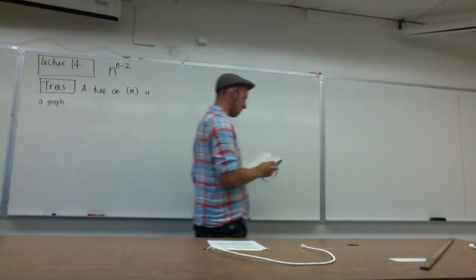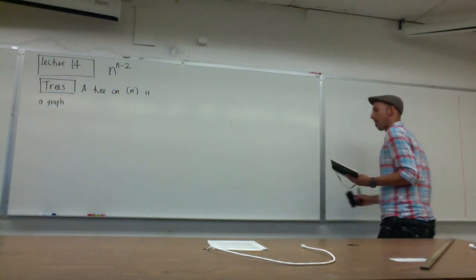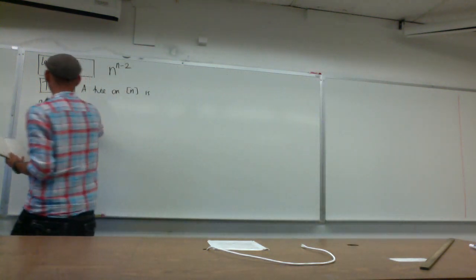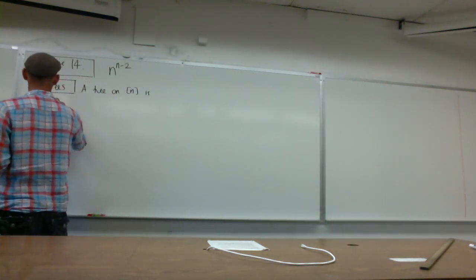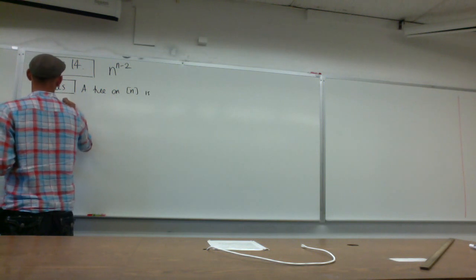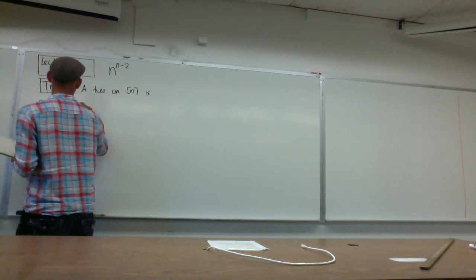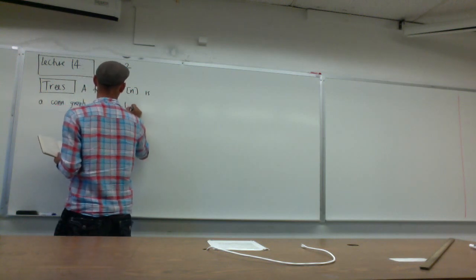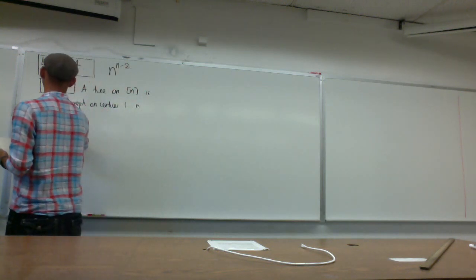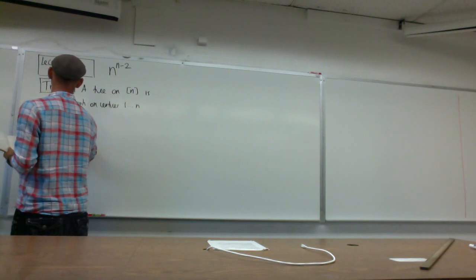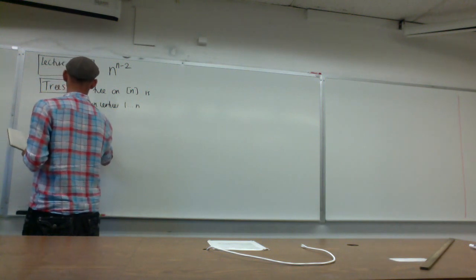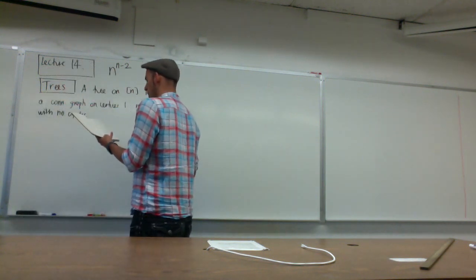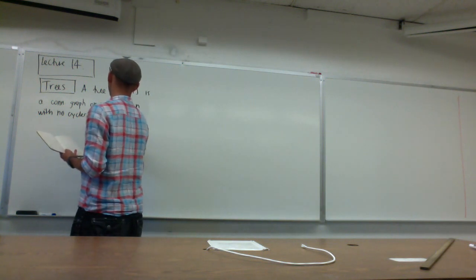It's a connected graph on vertices 1 up to n with no cycles. And let's say that T of n is the number of such trees.